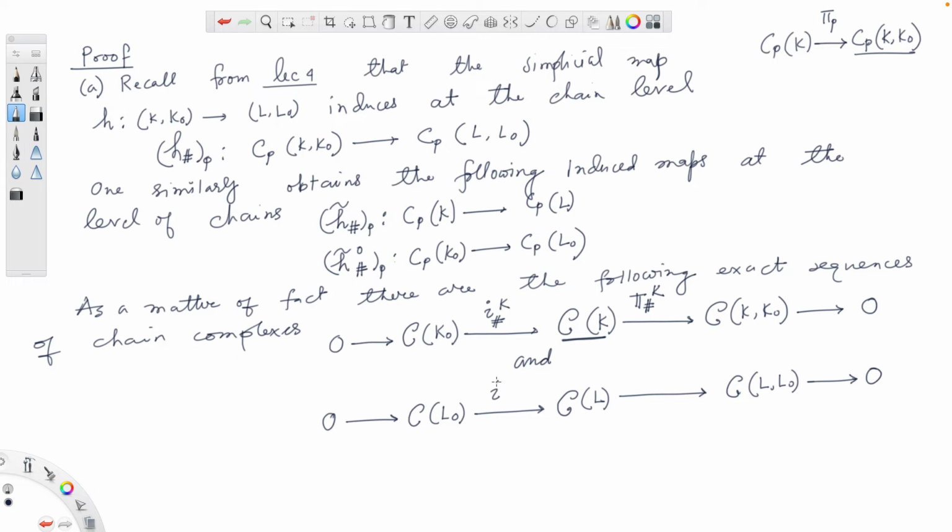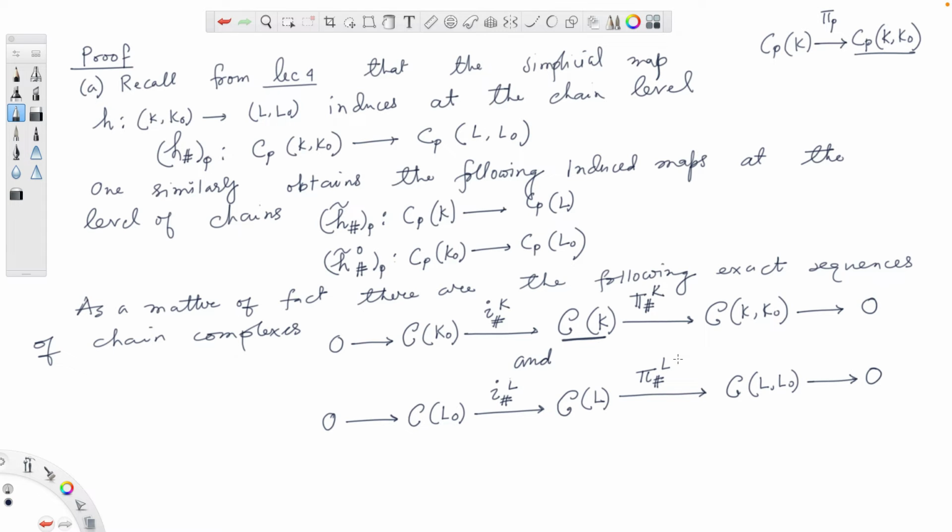And here we denote the induced chain maps associated with the simplicial complex L by hash L as well.